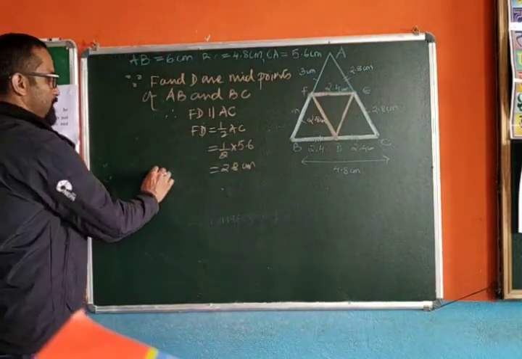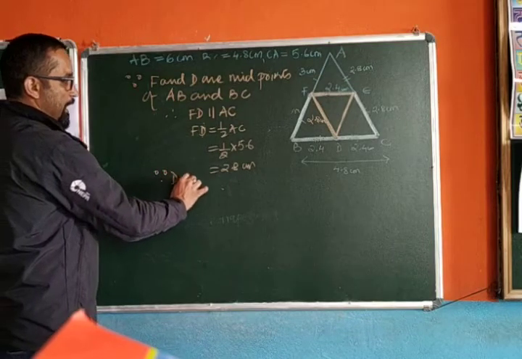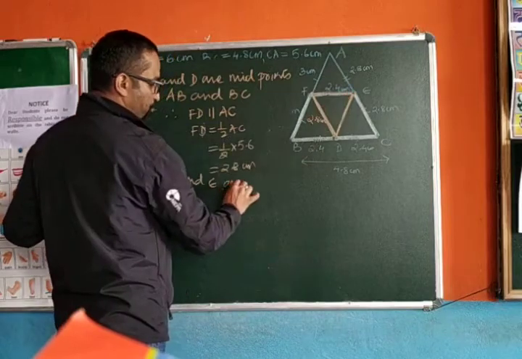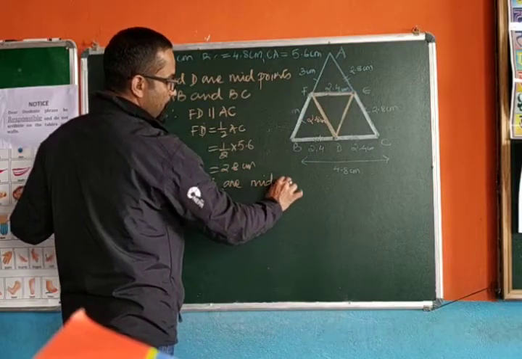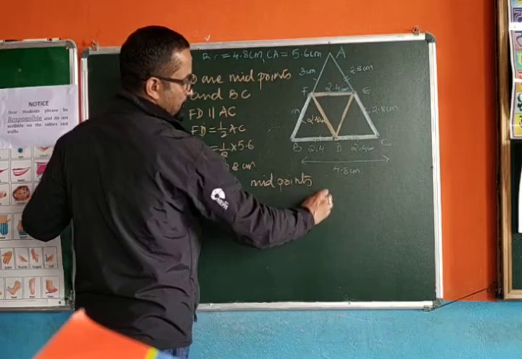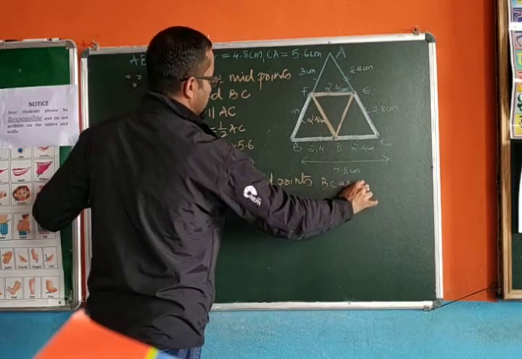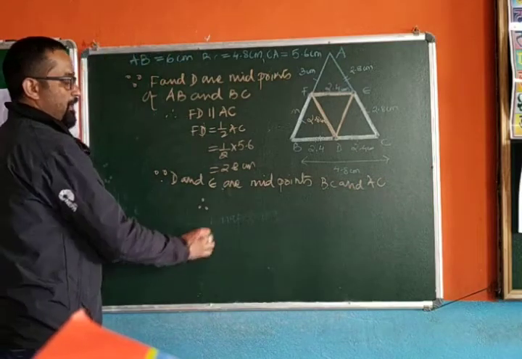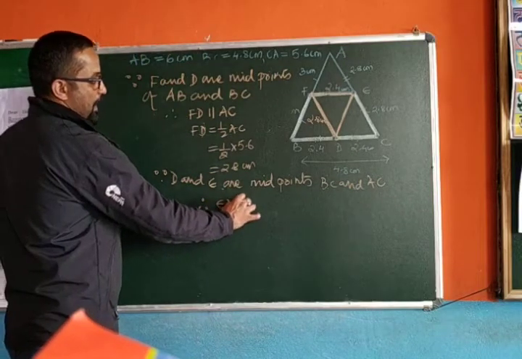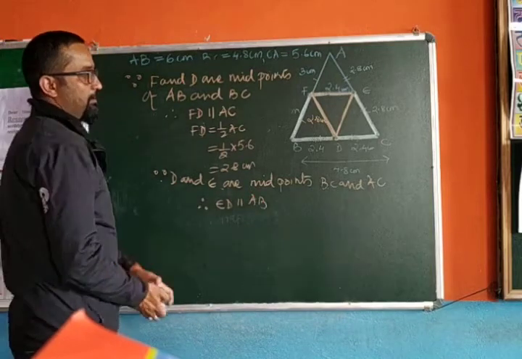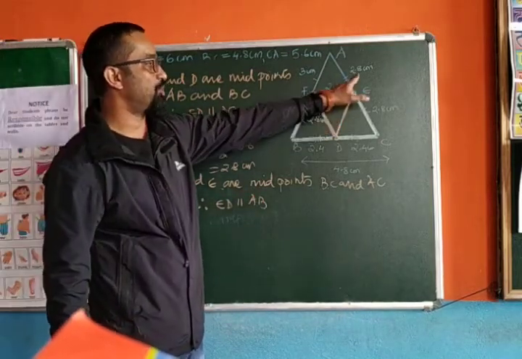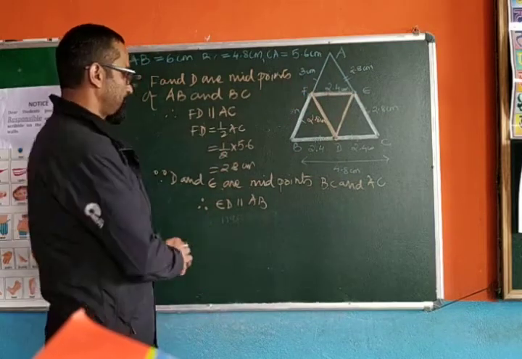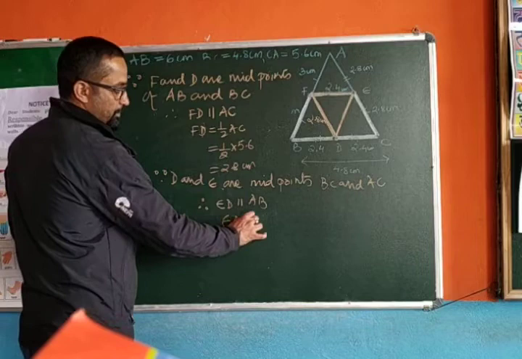Similarly, since D and E are midpoints of BC and AC, therefore ED is parallel to AB. The line joining the midpoints of two sides of a triangle is parallel to the third side, and it is half of the third side.